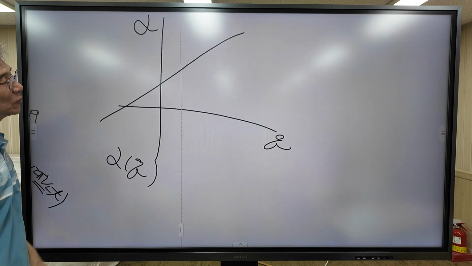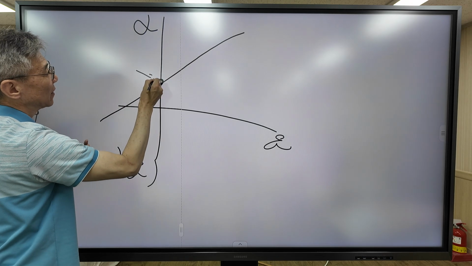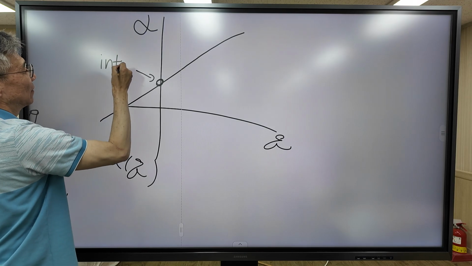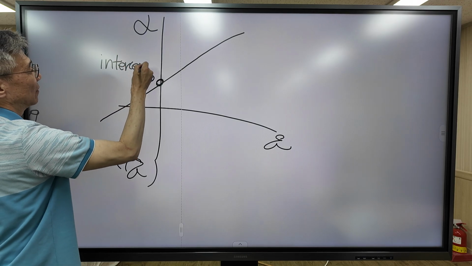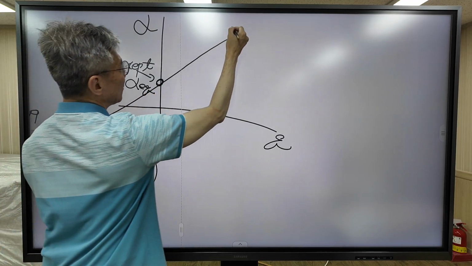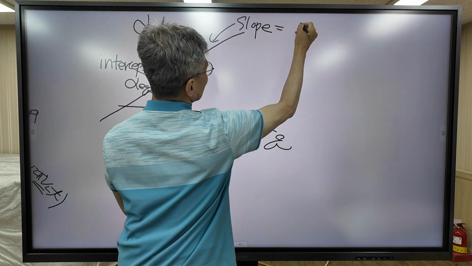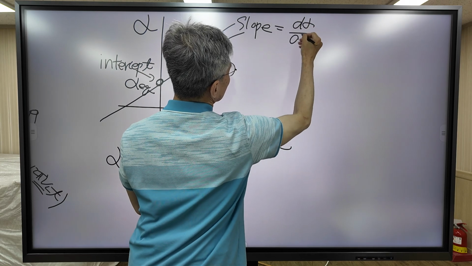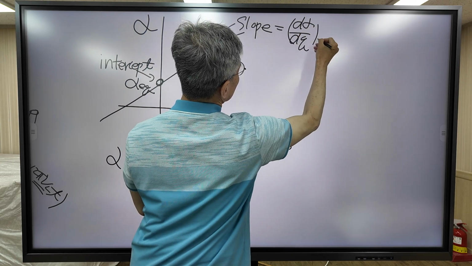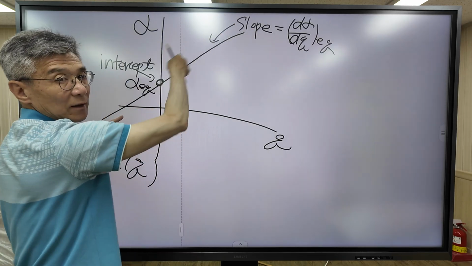We need two parameters to define this line: the intercept, called alpha EQ, and the slope.